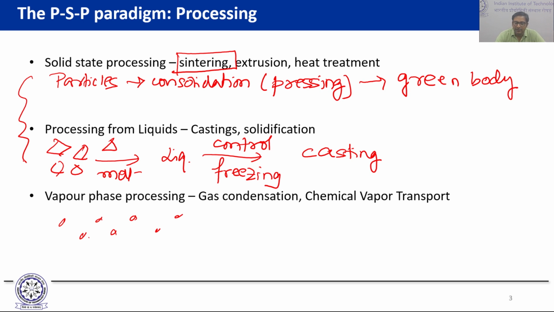But the main point I want to get across is that as you change your processing method, you are starting to change the structure of the material, whether it is at the level of crystal structure in some cases, if it's highly non-equilibrium, or at the level of the microstructure itself. The reason I wanted to give you a feel for different processing methods is that this is a really cursory survey, because there are so many different types of processing methods.